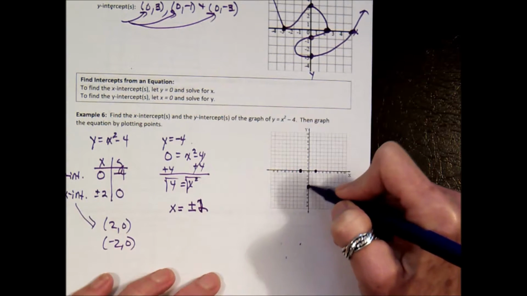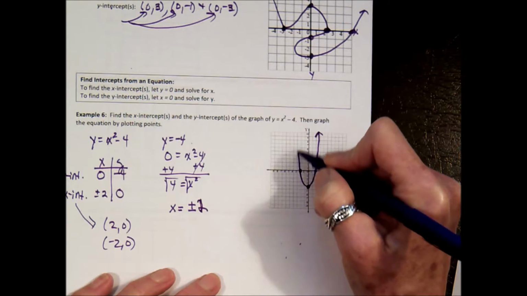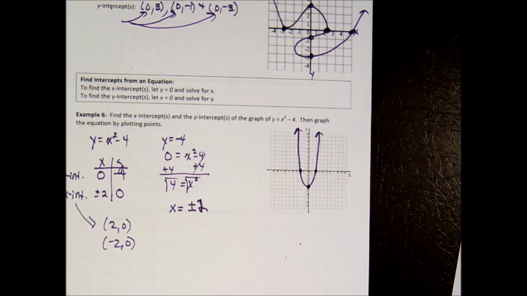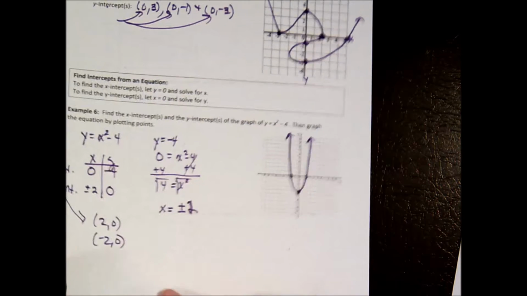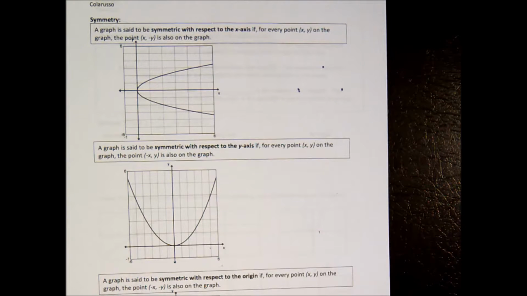And when I graph it, remember what I said on the other page, the graph of a squared equation is always going to be a parabola of some form. So that was pretty easy. All right, let's take a look at symmetry, and this is going to be new to a lot of you.